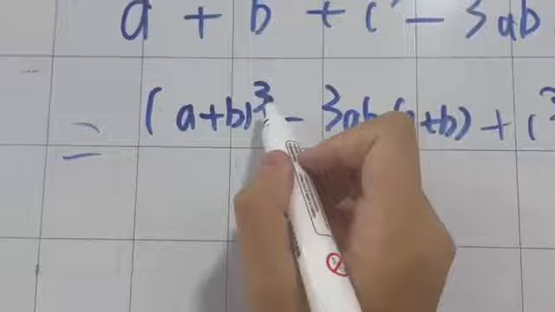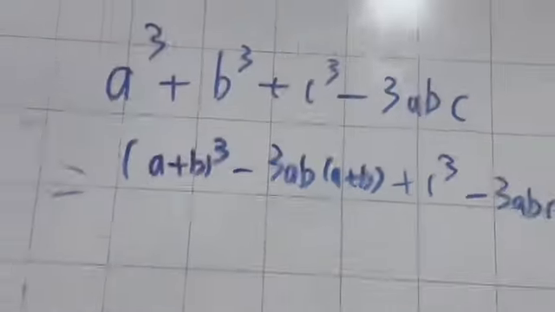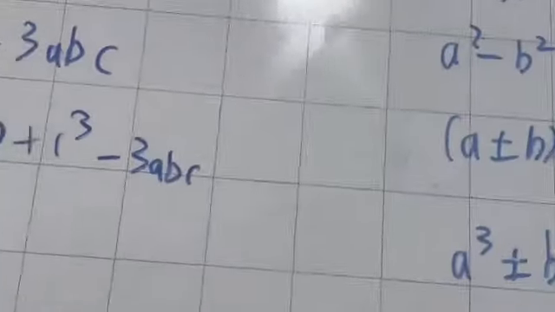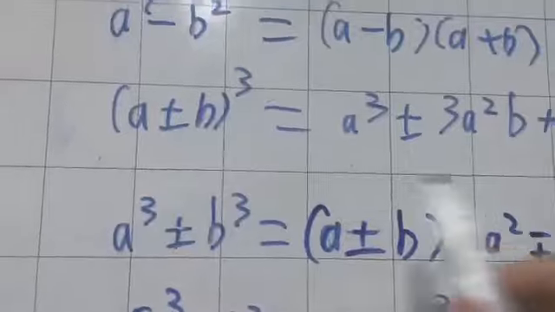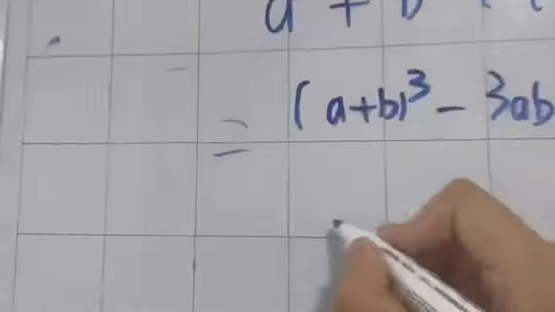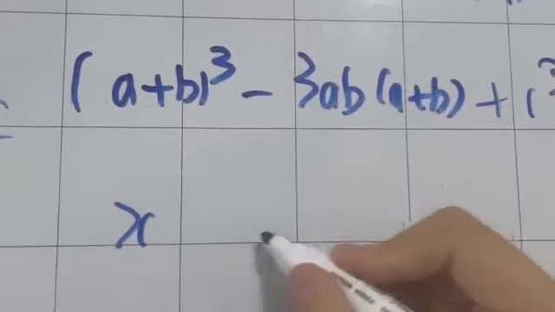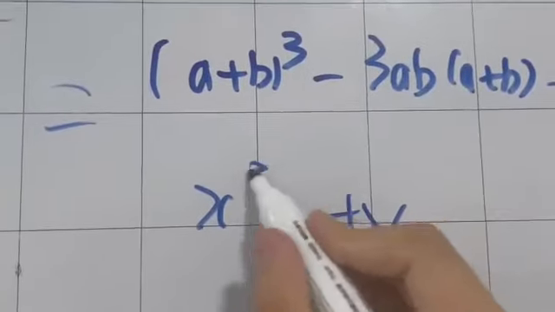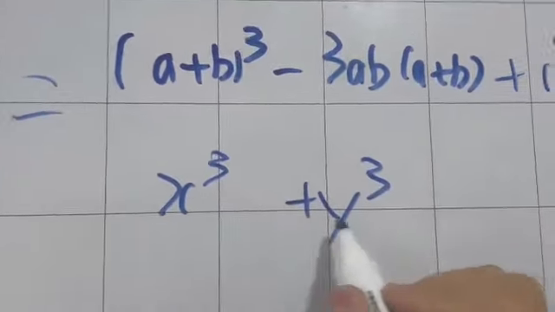The first is (a plus b) cubed plus c cubed. It's the same as this: let a plus b equal x, c equal y, so it will equal x cubed plus y cubed, which is this, and we can factorize it like this.